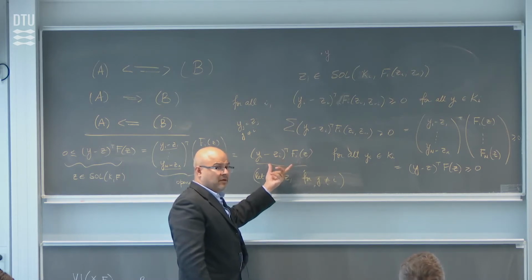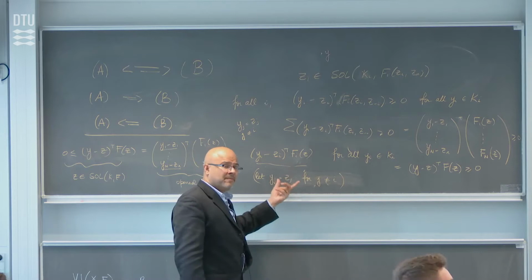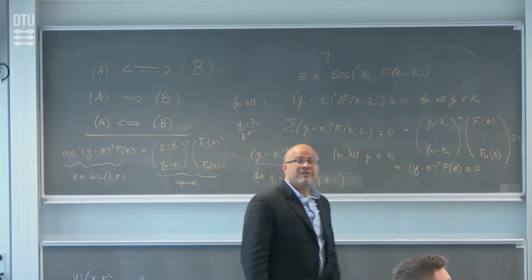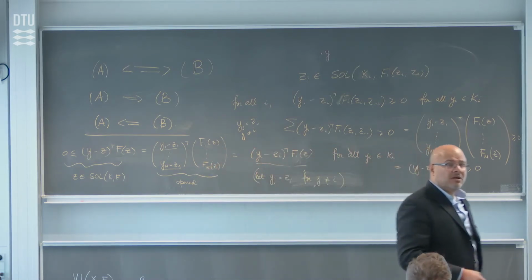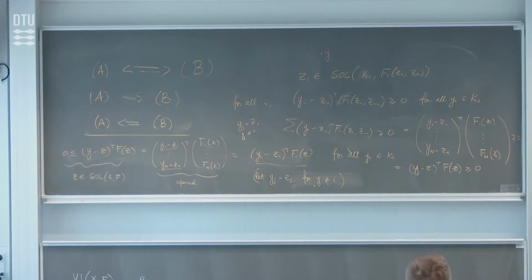Okay, Priyanka, clear? Yes. How can we make this assumption? Oh, we don't make the assumption. We choose it. Because remember what we've done is we can select the y_i's. So we need it to hold for all y_i in K_i. So at that point, I choose the y_j's to be equal to z_j. Because what am I trying to get?